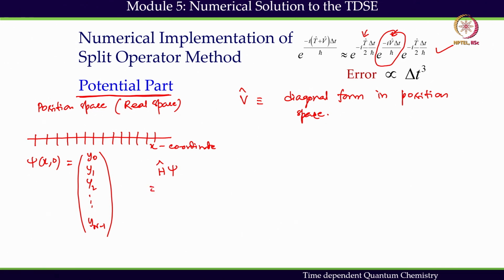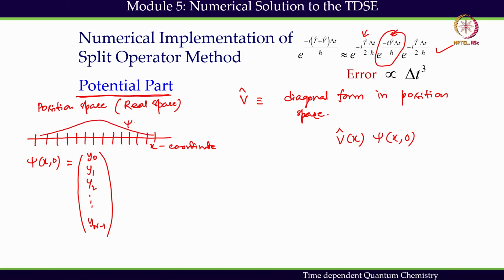Remember the right hand part of the time evolution is nothing but H psi, sorry, not TDSE, but the time evolution, where we have e to the power... I'll show this. So we have this potential part. When the potential operator is acting on a wave function, let's say psi(x0), one can assume I have a wave function like this.